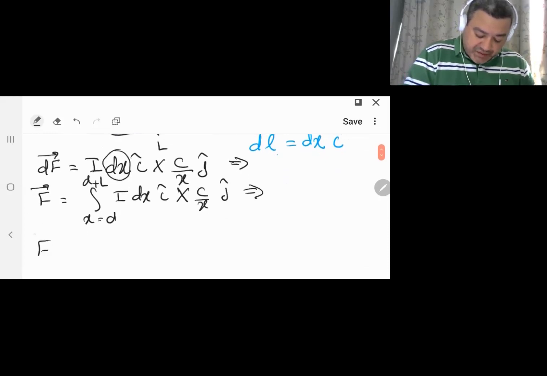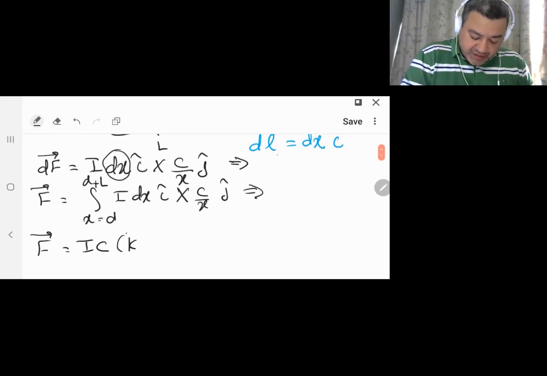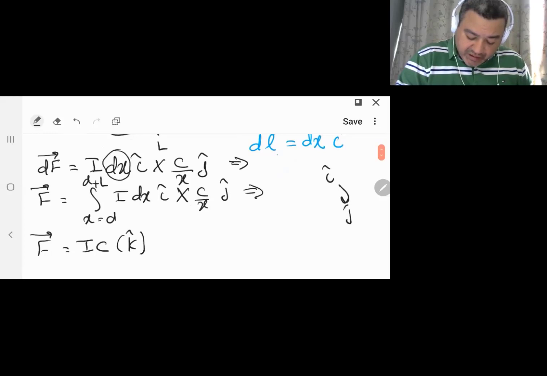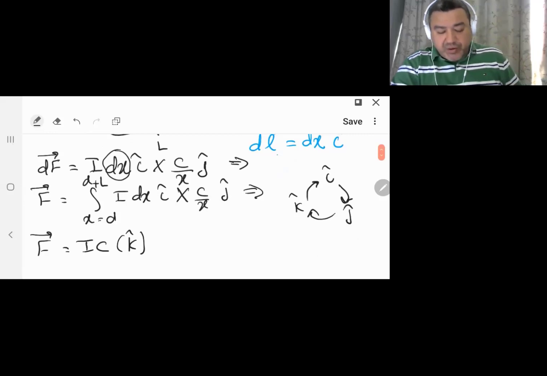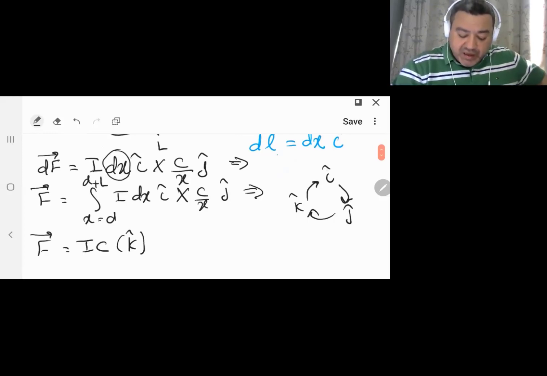So this gives F equals I C, let the I go outside and the C go outside, and I cross J equals K. So I have I, C, and then K hat, because we know that I cross J is going to give me K. As long as I go with the positive direction, I get a positive answer, which means I hat cross J hat is going to give me K hat.